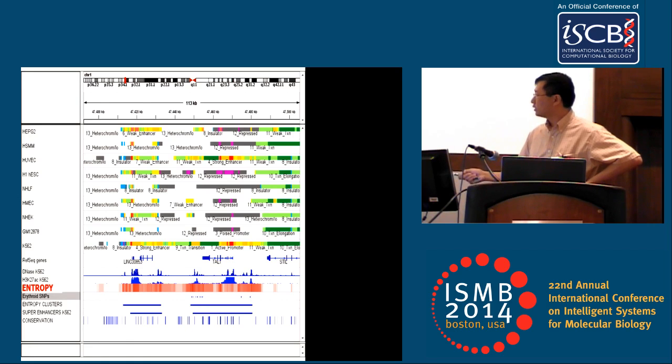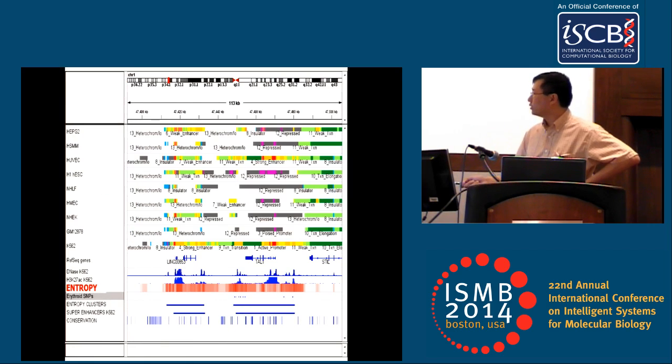Here is each of the cell lines, and to measure the variability, we use this well-known quantity called the entropy, and you can see that the entropy finds interesting regions.